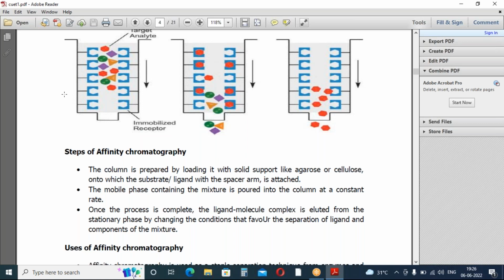The stationary phase is coated with agarose or cellulose, onto which we add the substrate or ligand with spacer arm. Why do we use this spacer arm in affinity chromatography? Anyone, can you answer?